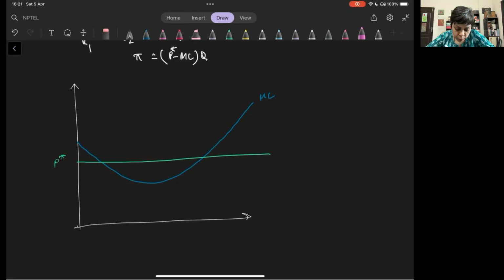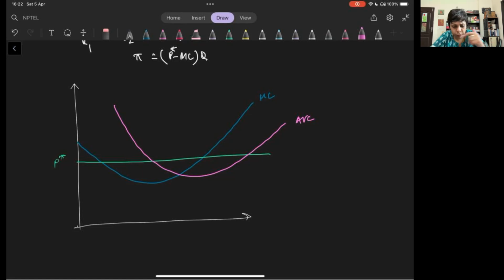Say suppose the average variable cost curve is, just taking some example which is interesting, something like this. Say this is average variable cost.